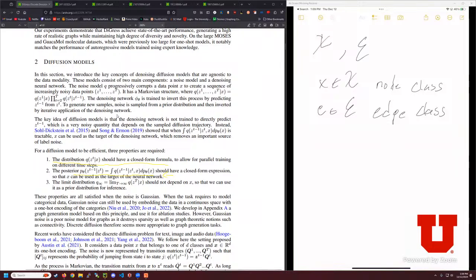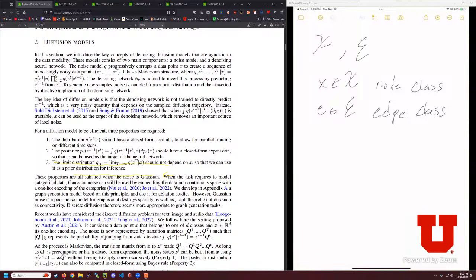The only reason I'm introducing these three things is because they need to define them in order to efficiently sample these nodes and edges.